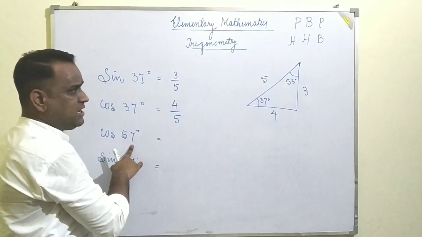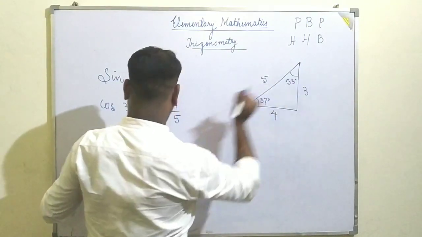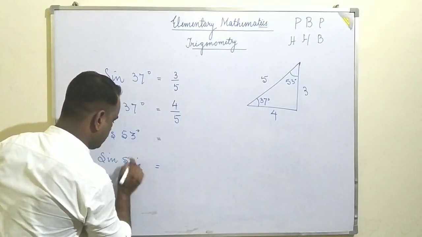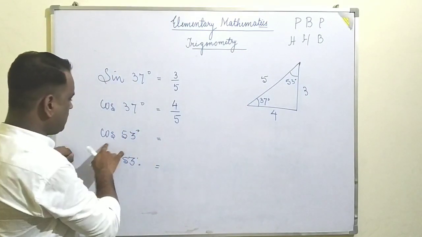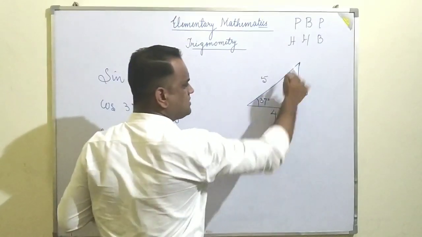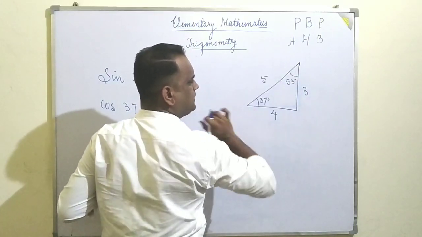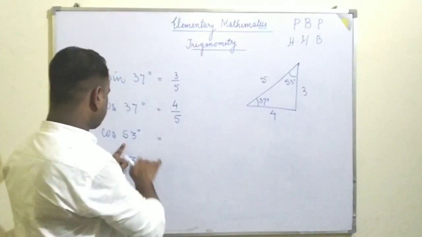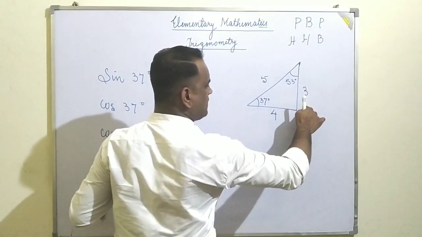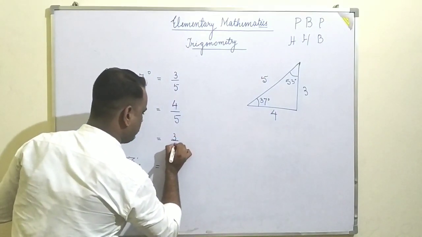Now cos 53 degree. Here the angle will be 53, so the sides are perpendicular and base. Cos is equal to base upon hypotenuse. So here the base will be 3 and hypotenuse will be 5, so it will be 3 by 5.